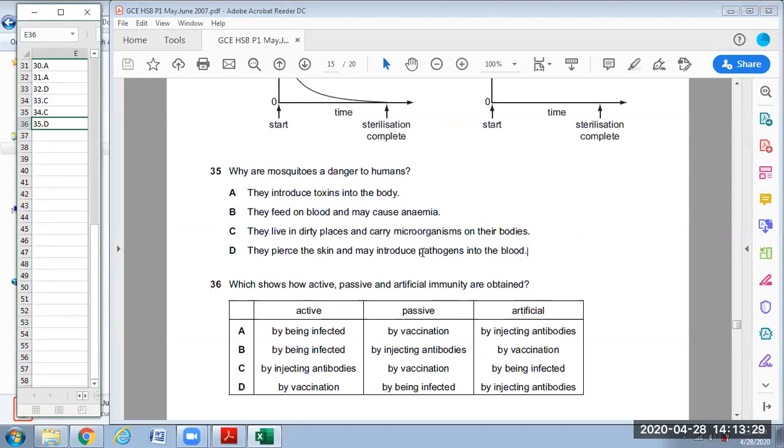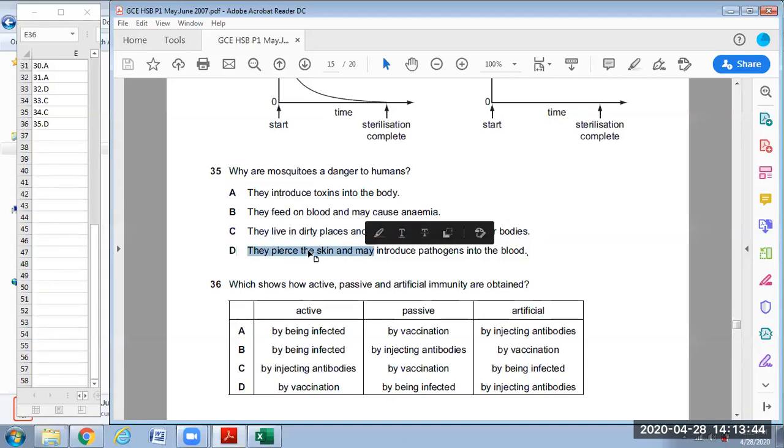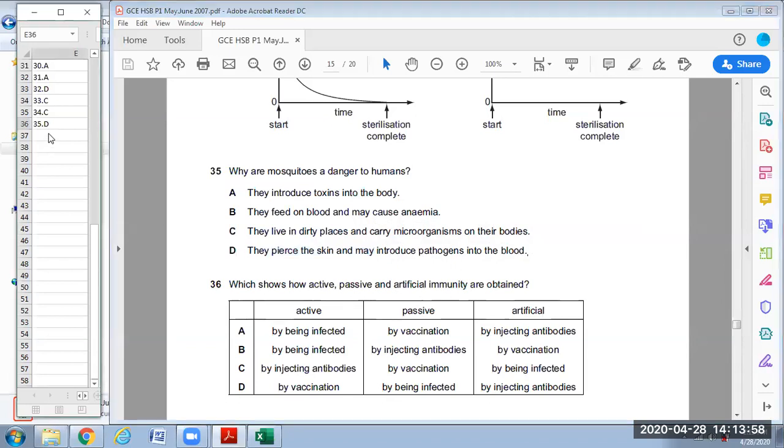They carry disease, they carry pathogens. This is a close answer to, they live in dirty places and carry microorganisms in their body. But obviously we know that they drink blood. So when they pierce the skin, that is how they cause a disease, because they introduce any pathogen that lives in their body into your body. Okay, thanks a lot. Next reader, and then we'll go.